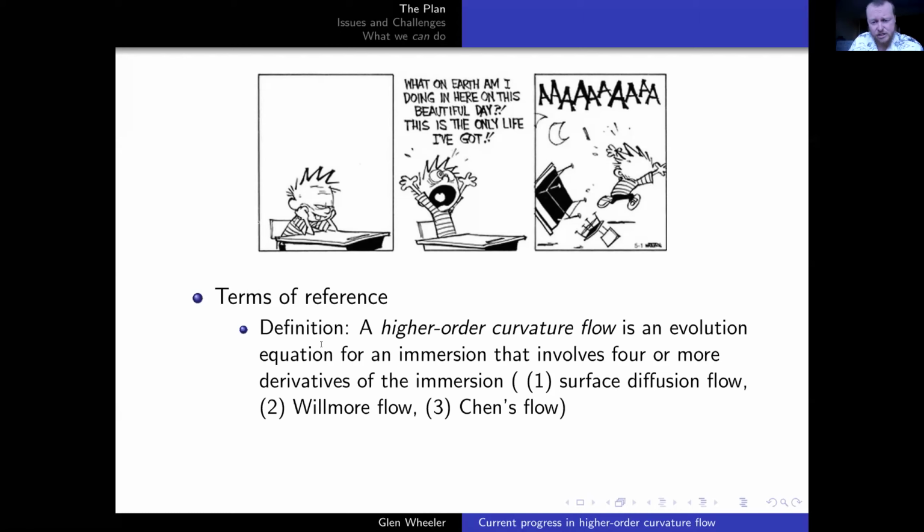So we go for a definition. A higher order curvature flow is an evolution equation for an immersion, so this would be a submanifold, that involves 4 or more derivatives of the immersion. This definition excludes many beautiful things, because, for instance, the Calabi flow and flows of metrics are not included here.